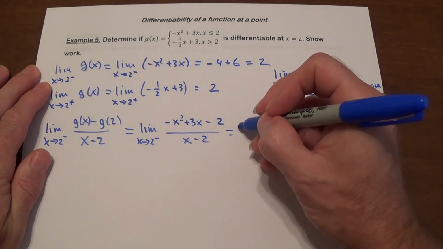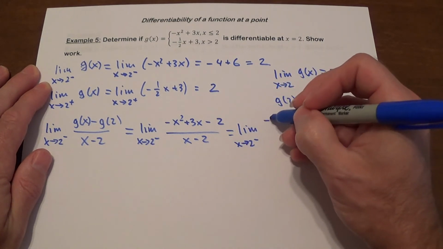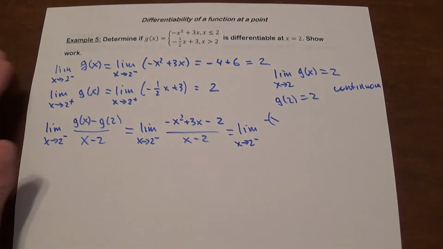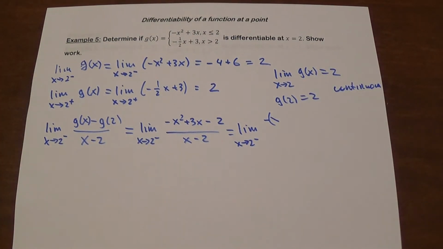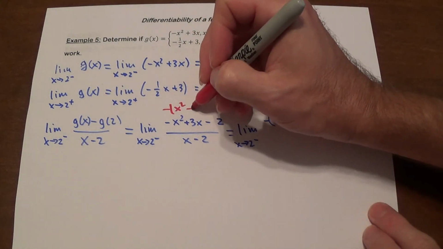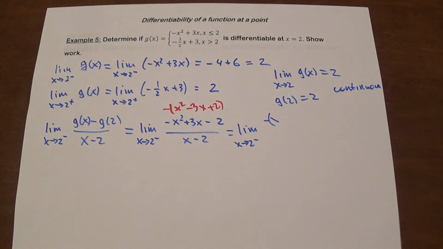So we can factor out negative 1 in the numerator, and we're going to get x squared minus 3x plus 2. That means we can actually factor that.